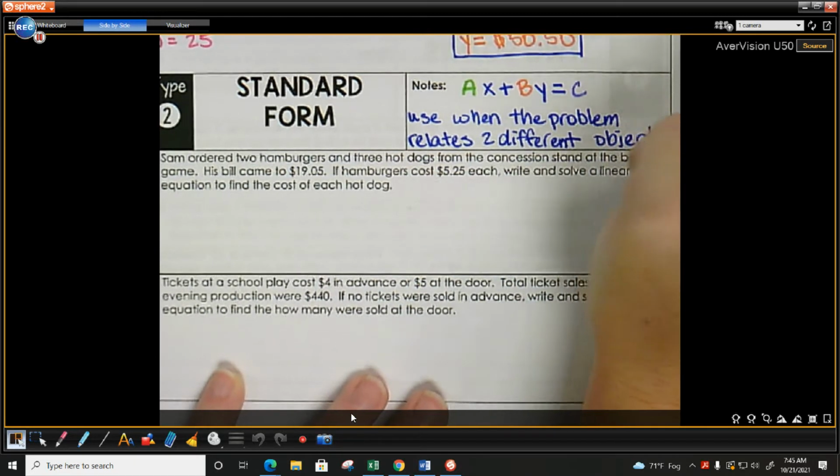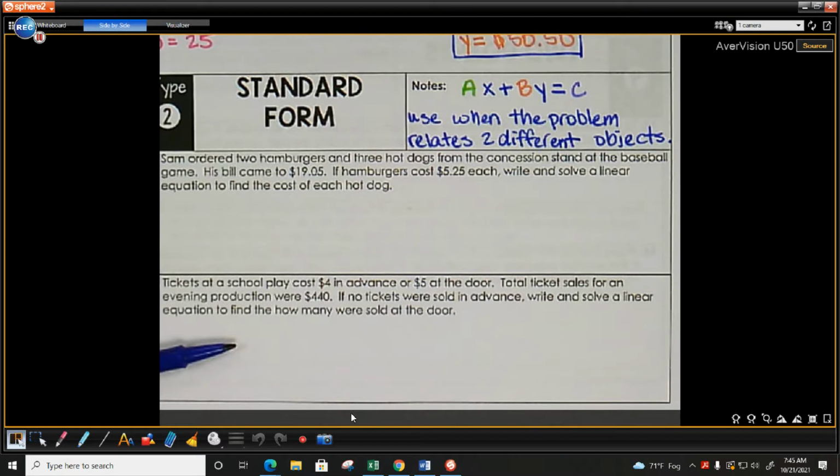So this one we're not going to have a rate and a starting value. This would be like comparing the cost of apples and the cost of oranges. You go to the grocery store, you buy apples, you buy oranges, they're going to have different costs, right? So this is when I would use standard form. Okay, we're comparing two different things.